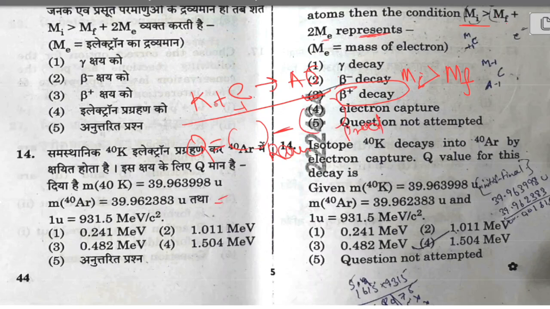Now putting in the values of the masses, you can calculate the value. Here you can check one thing: if you put the value of the mass of the electron, you will get around 2.10 MeV. But if you do not put this electron value, then you will get 1.50 MeV.